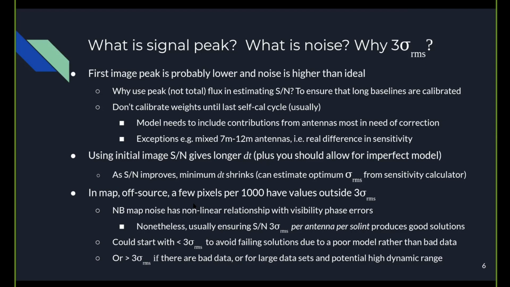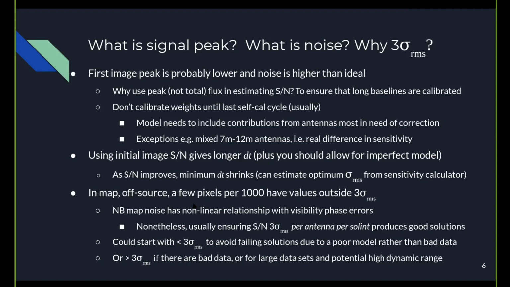The reason for choosing 3 sigma is pretty arbitrary. In an image, if you have 512 pixels on a side, then there's going to be a few tens of individual pixels that purely by chance are outside the 3 sigma distribution of noise.